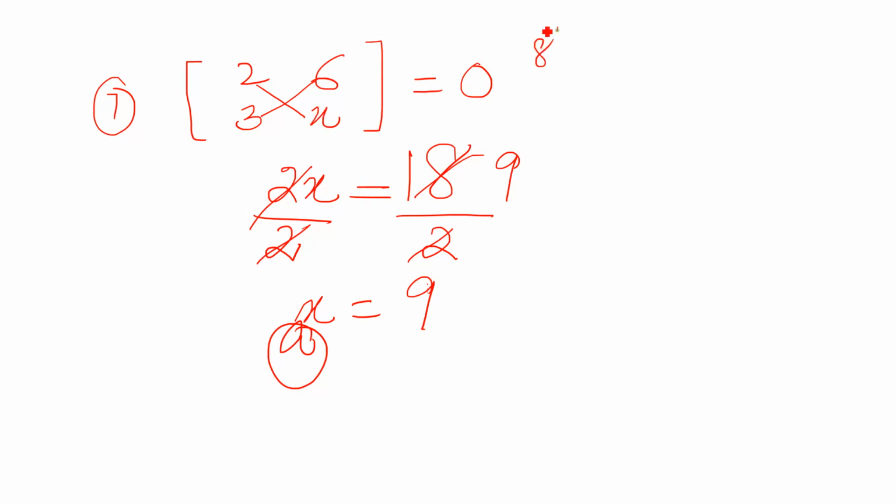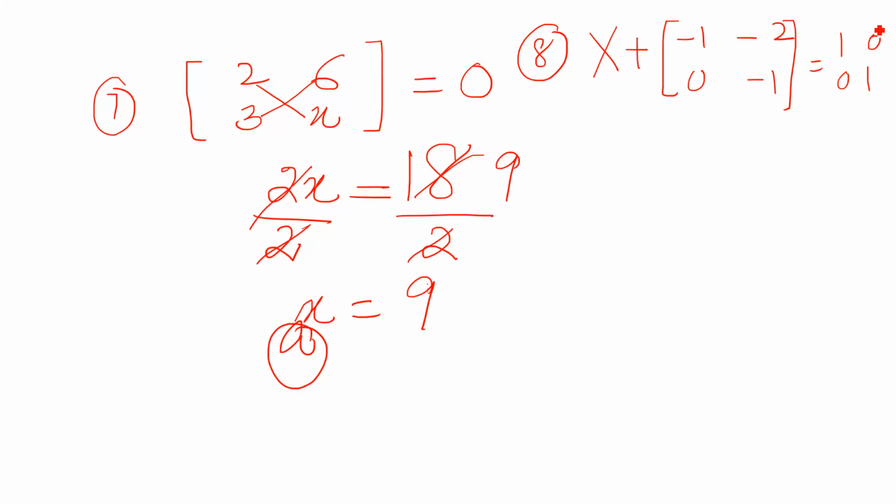And the last is x plus, this is important, x plus -1, -2, 0 and -1 equal to 1, 0, 0, 1. You have to find out the value of x, this one, right?